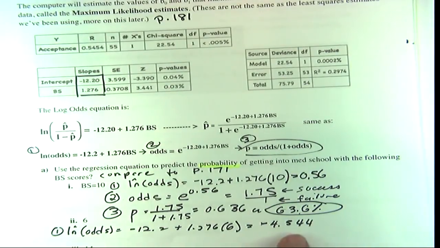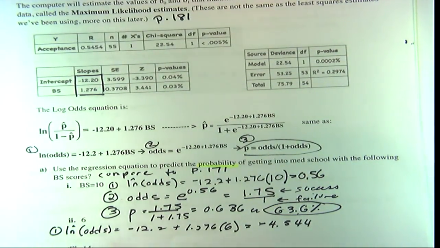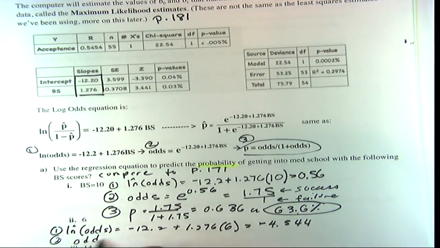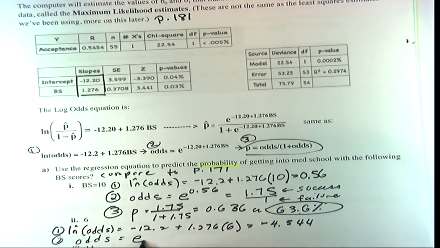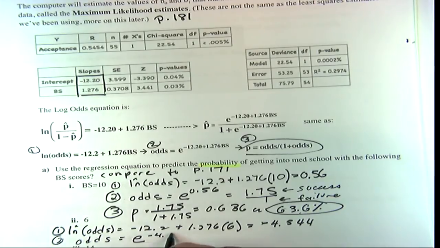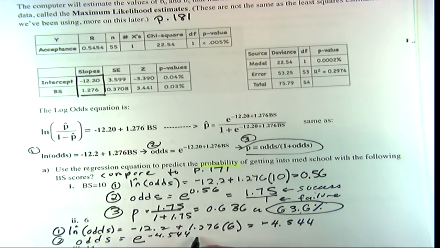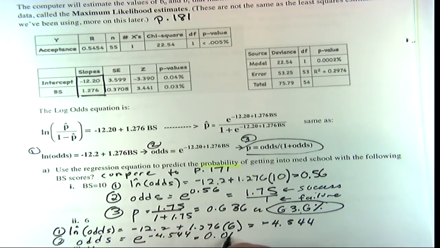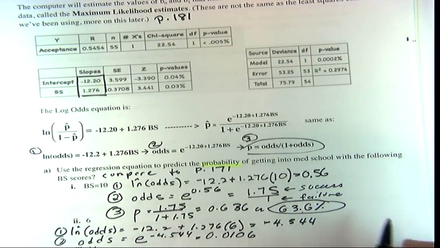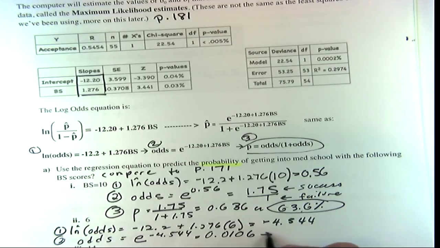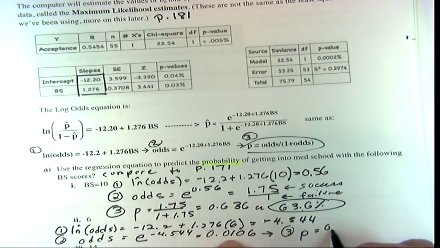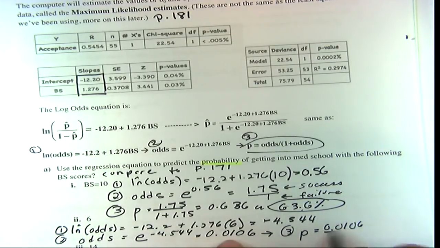Okay, so here we have that, and so now step 2, our odds is equal to e to the minus 4.544, equal to 0.0106. And then our probability, step 3, would be what? 0.0106 over what?